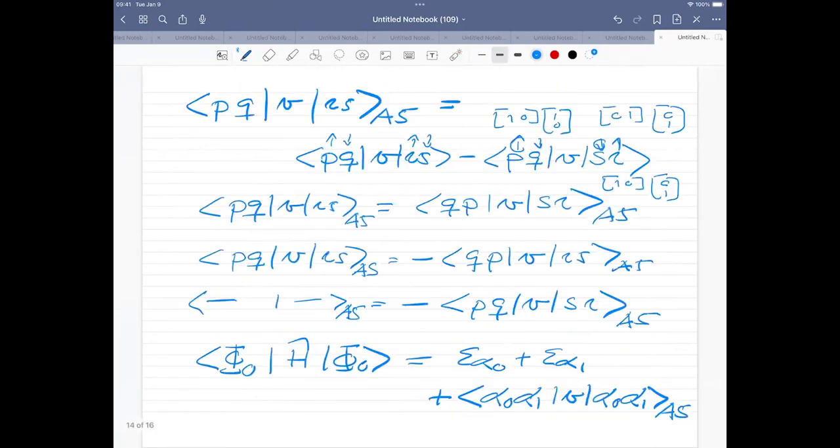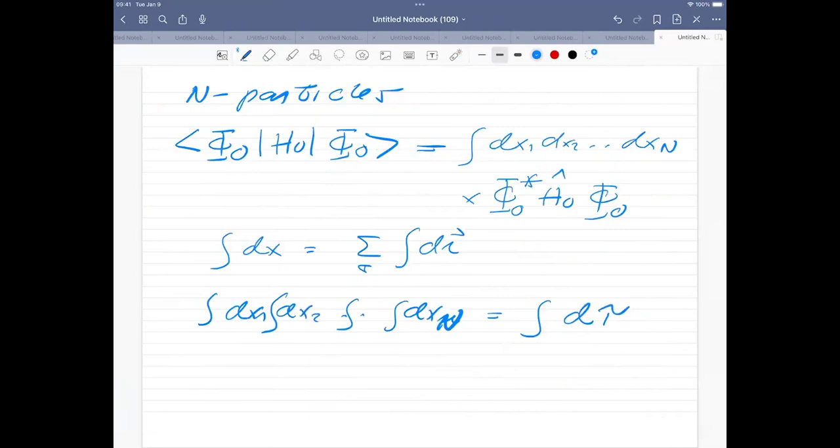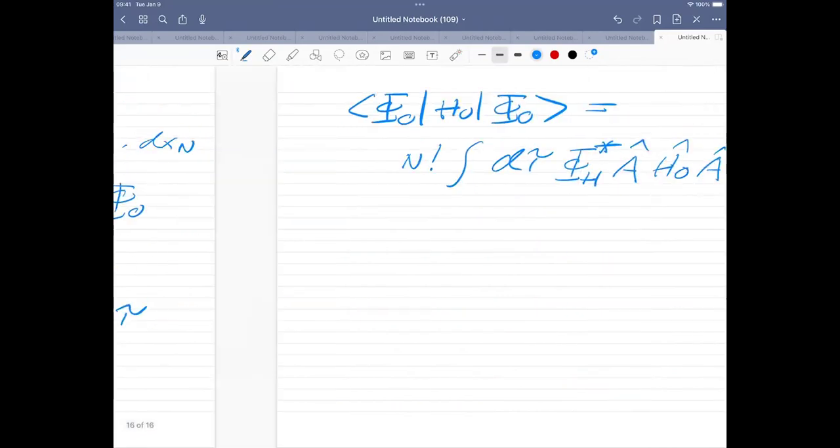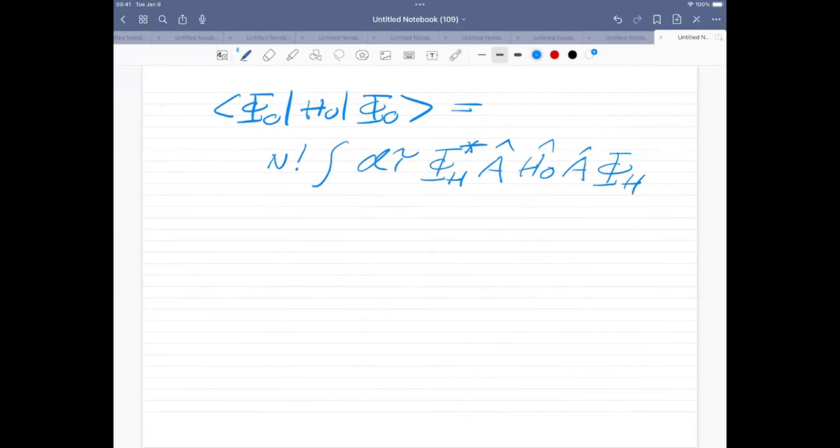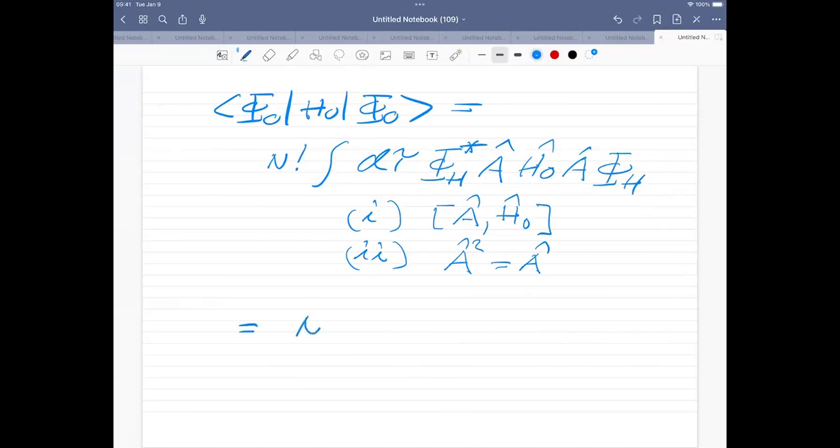So if we now use the properties that for this specific integral, which we have here, if we now use the property 1, that A commutes with H0, and we use also the fact that A squared is equal to A, then we can rewrite this integral as n factorial, and then I have a d tau, and then I have this product.